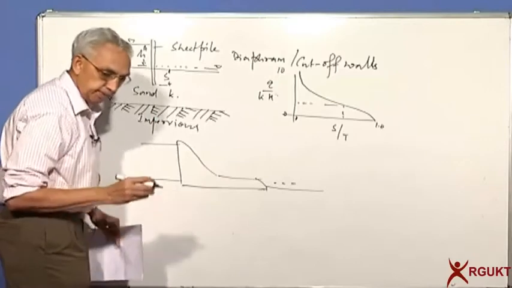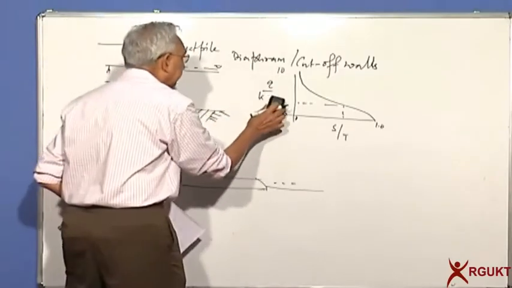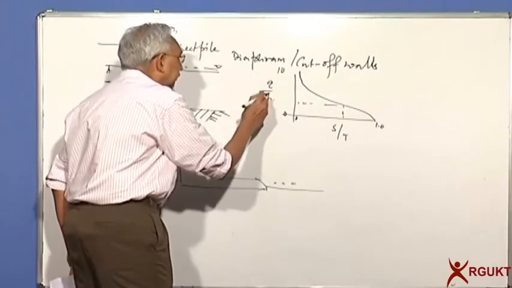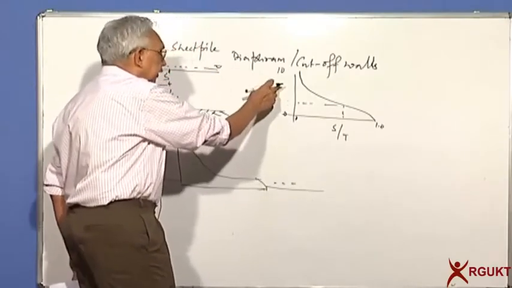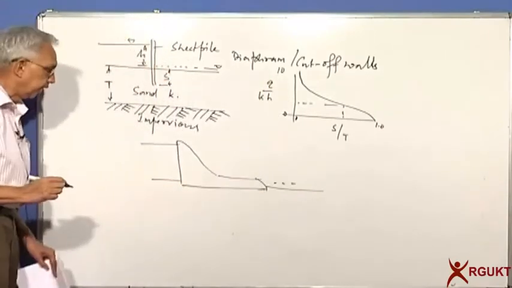Or you can change this to, instead of capital H, use small h. So discharge, rate of discharge, is coefficient of permeability into the net head.